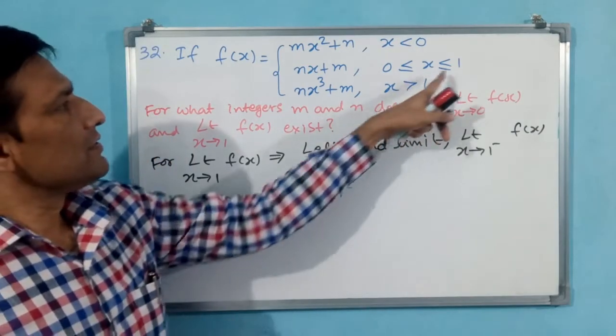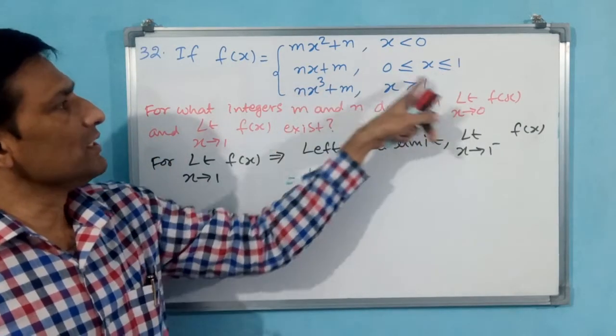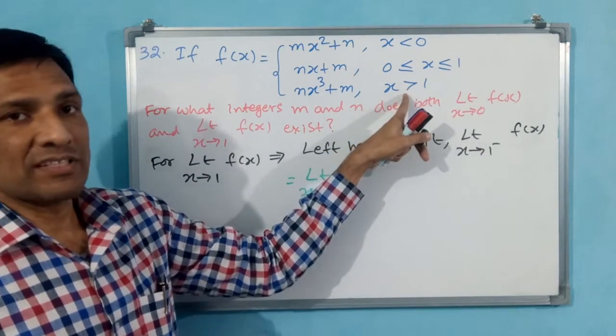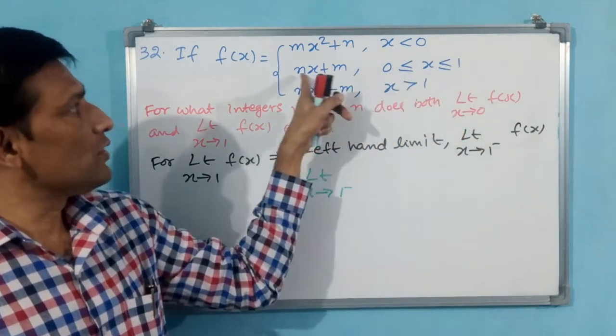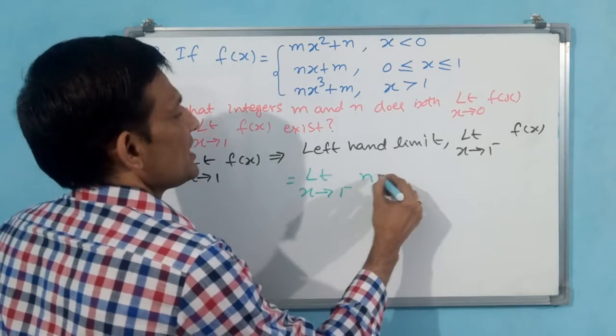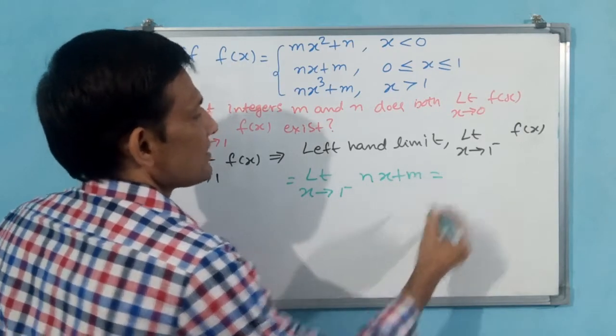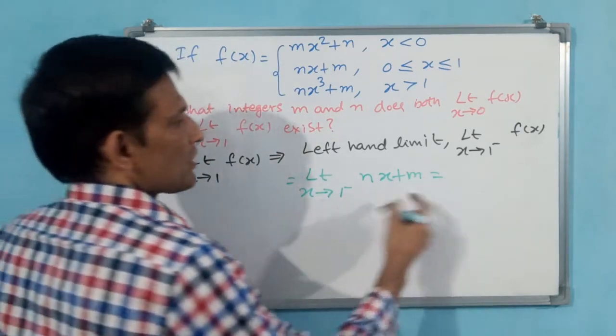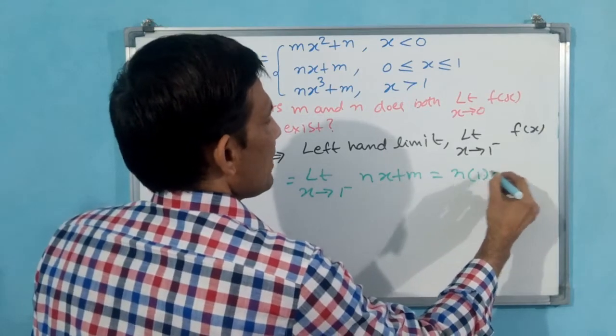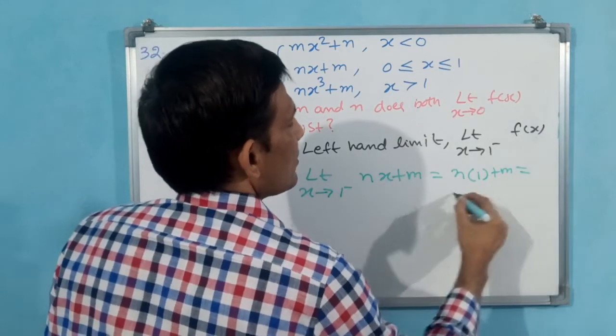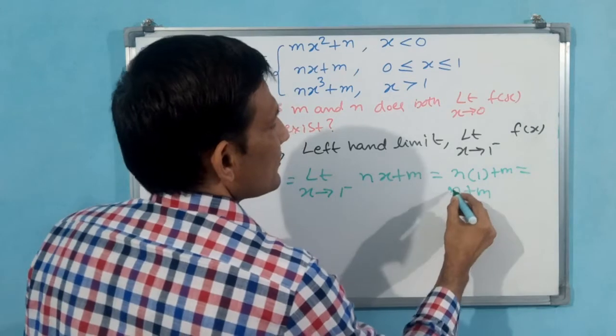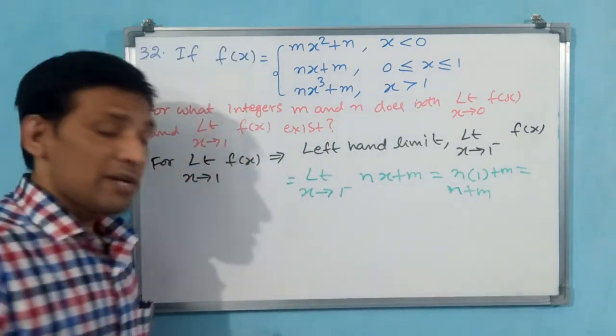Slightly less than 1. Slightly less than 1 means this only, you see. Greater than 1 means this. Equal to 1, less than 1, this only you have to take. nx plus m, write down. nx plus m, that is equal to. Now substitute n into 1 plus m, that is equal to n plus m. Final value n plus m has come.